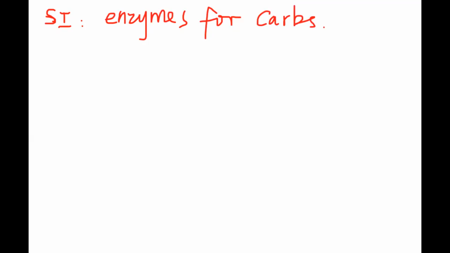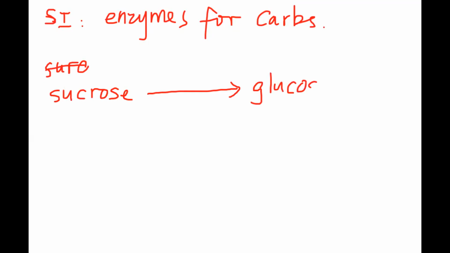Here I want you to know three important ones. One is sucrose, which is your table sugar, which can break down to form glucose, a simple sugar, plus a fructose.